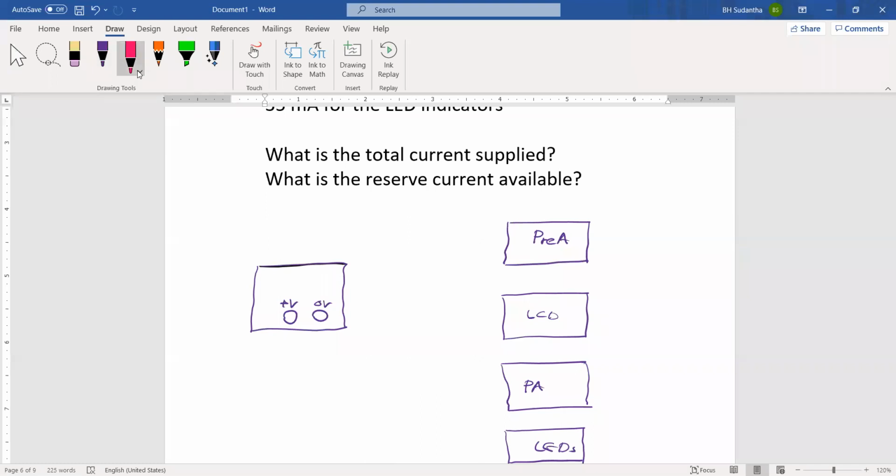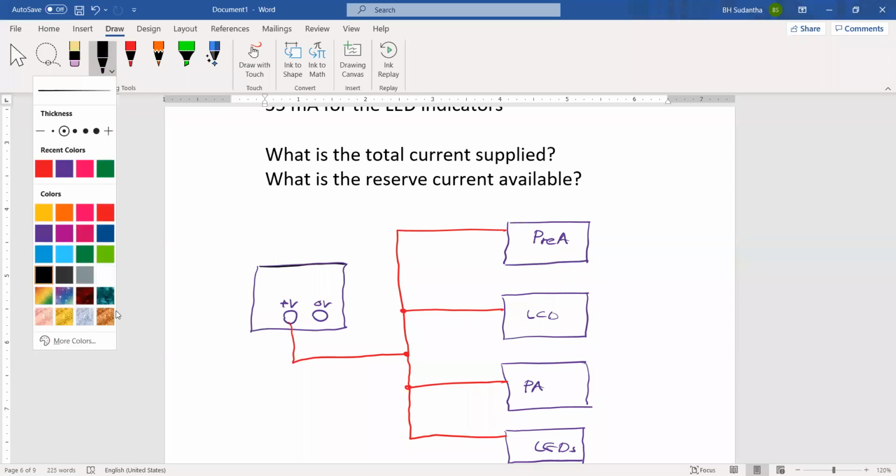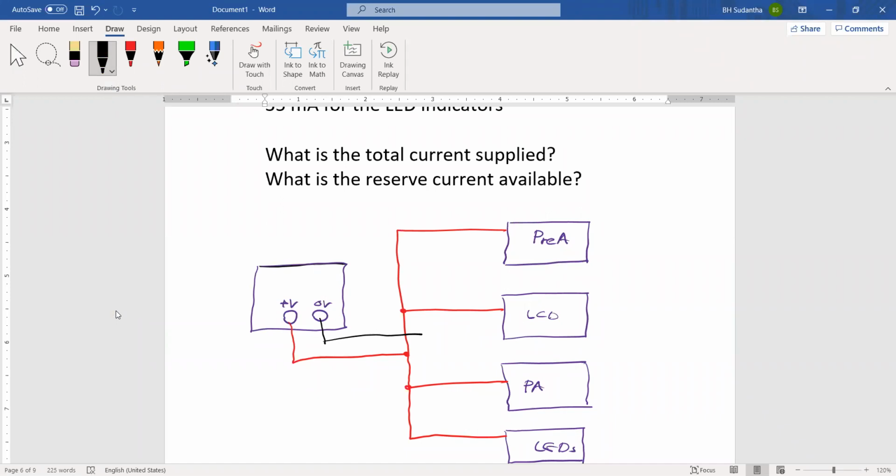Okay. Then we have given power to this one, taking this line here, and we have taken power to this line and this sub-circuit, and the other one also. Okay. Then this line like this.